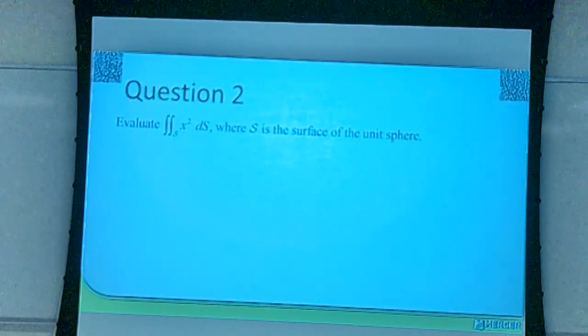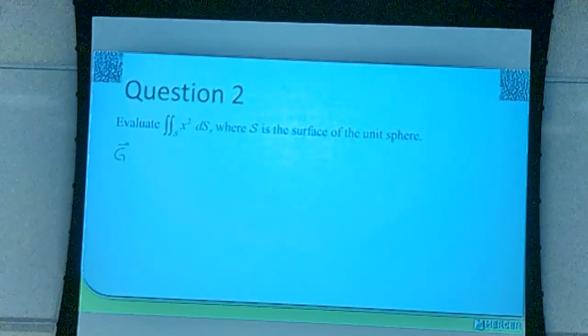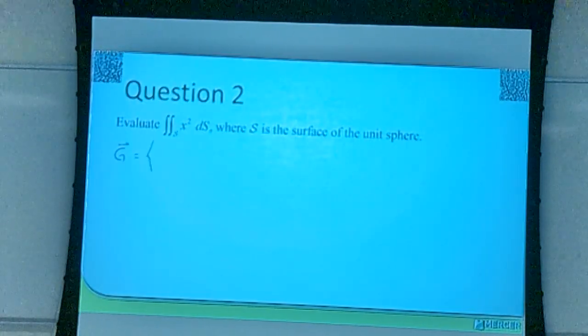We're integrating x squared over the surface of the unit sphere. We need a parameterization of the unit sphere.